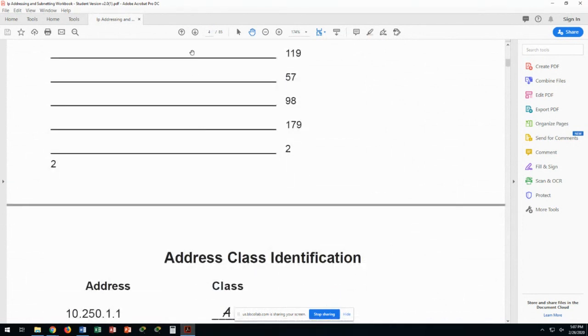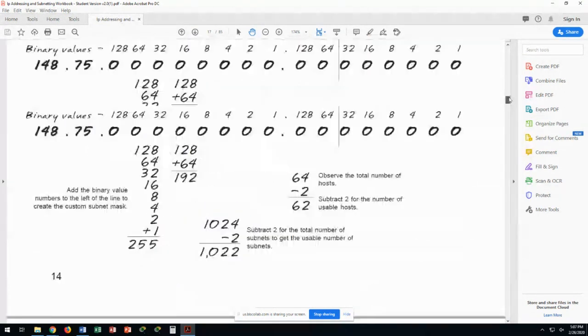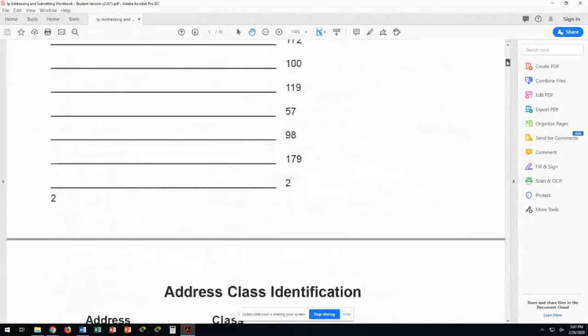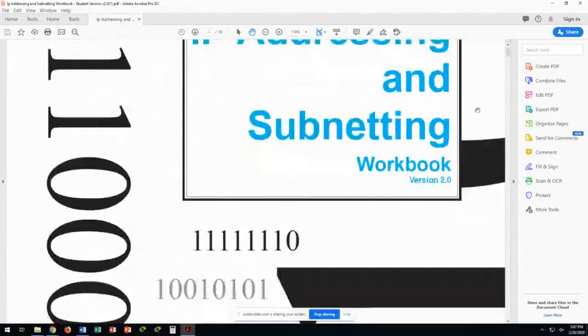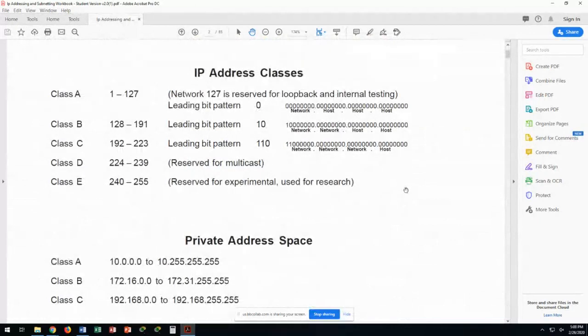We will start on page 15, which is page 17 in Adobe, Problem 4. That's where the assignment starts. But all the material before that is good information to help teach you about subnetting. It's not graded, but it helps you learn and gives you examples.